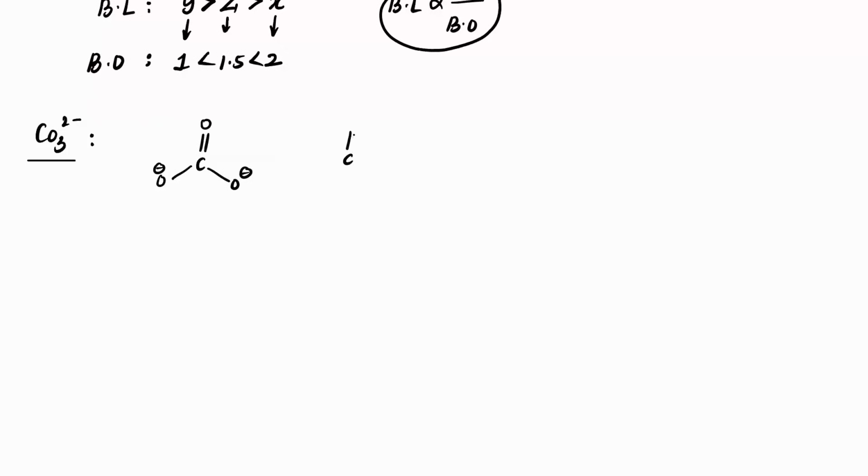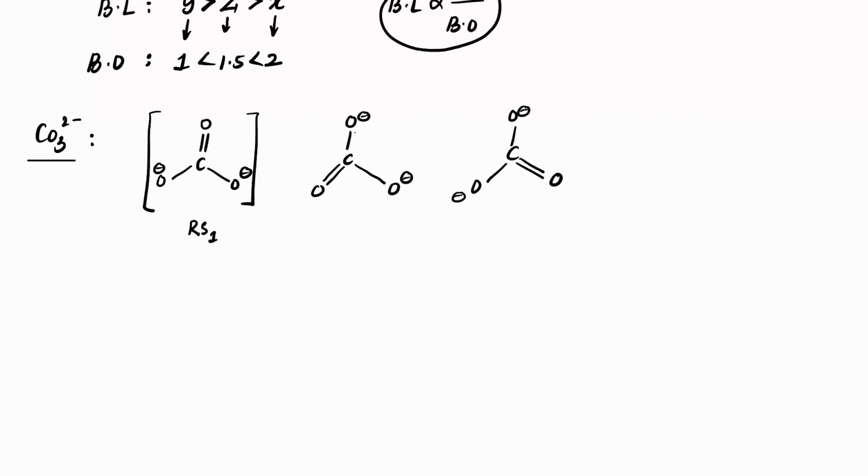Another way is C with O minus, the double bond made by this oxygen, and O minus made here. Another is C with O minus and O minus, and on this side it makes a double bond with O. So this I can write as RS1, this is RS2, and this structure is RS3.